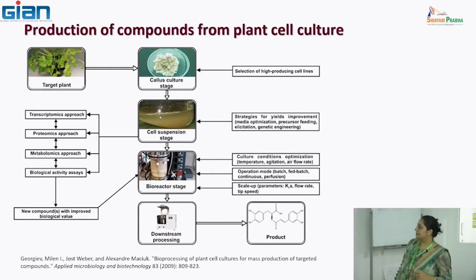It means the fermentation parameters as well, the feeding strategies as well, any operating parameters at the reactor stage which would lead to high productivities of your product. So that is what we do at the reactor stage.